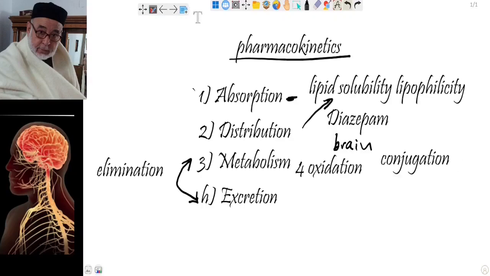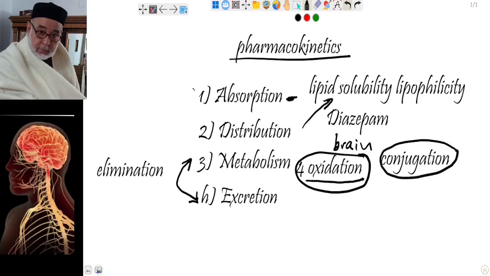Of course, this will depend on the lipid solubility. If the drug has high lipid solubility, it will be oxidized first to convert it to a highly polar compound, which can be excreted through the kidney, and then there will be conjugation.